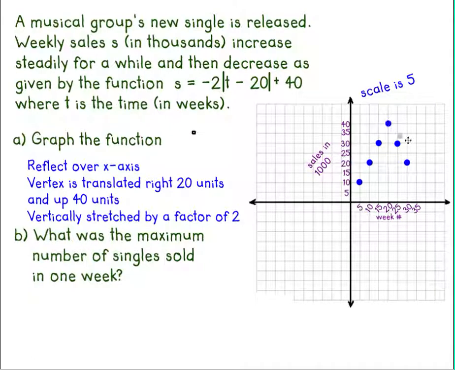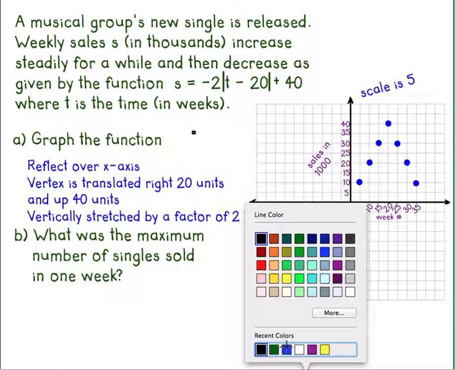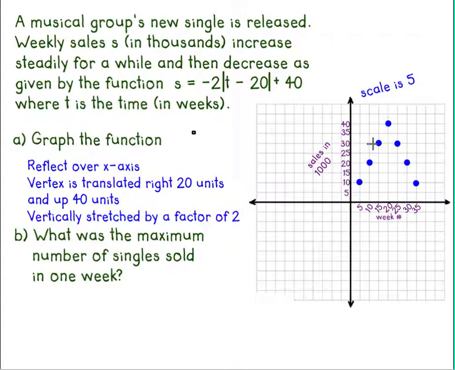You could decide, does it make sense to go past the x-axis, or does it make sense to stop at the x-axis? This is one of those questions that you need to think about and say, well, in the context of the problem, what is it that I am looking at?